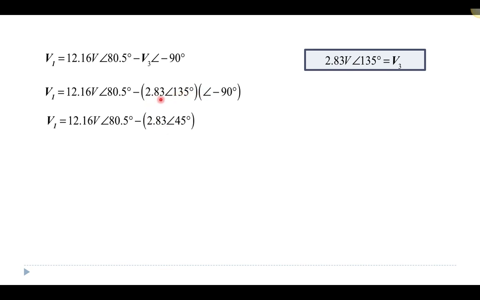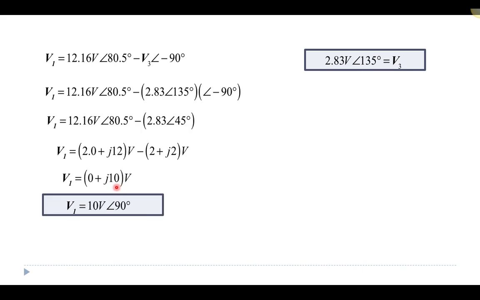So this is still 2.83. I need to subtract these two quantities. They are currently in polar form. I need to put them in rectangular form. Once I have them in rectangular form, I can subtract, and it turns out that this 2 and this 2 actually cancel, and I'm left with just an imaginary piece, which means that my voltage V1 is 10 volts with a phase angle of 90 degrees.